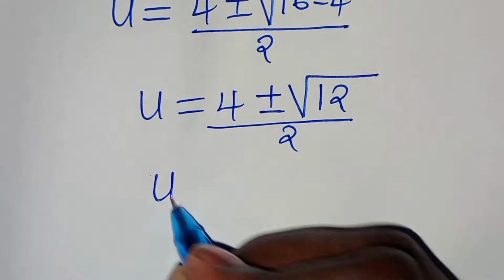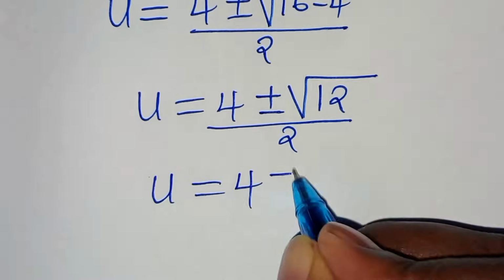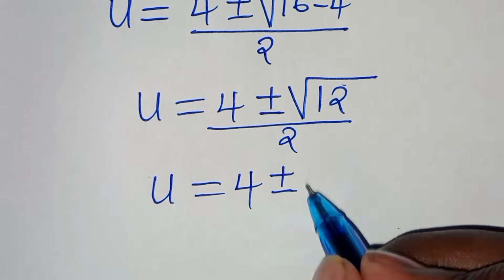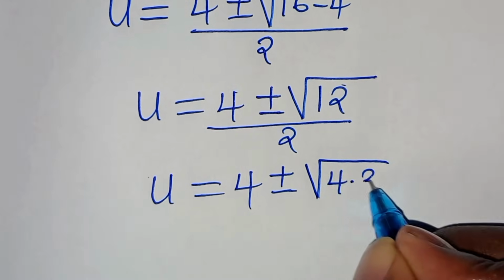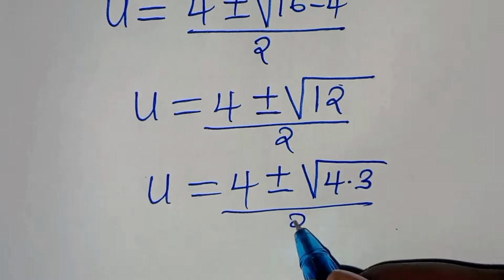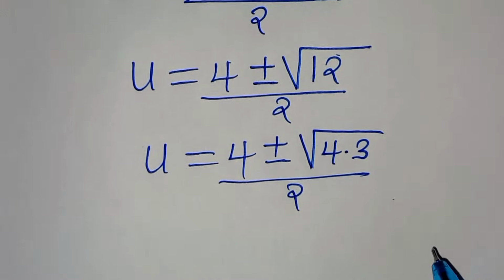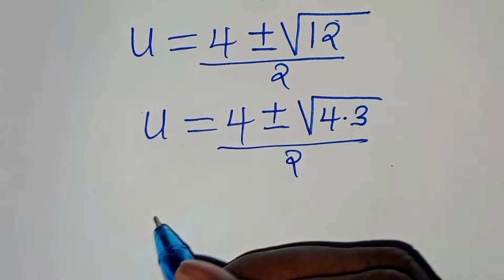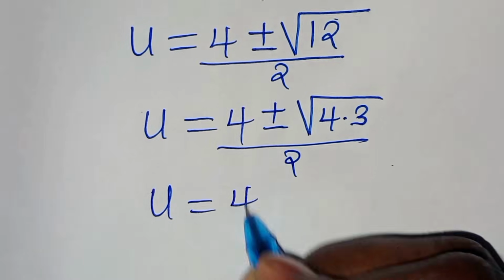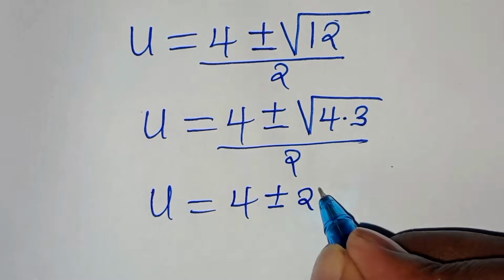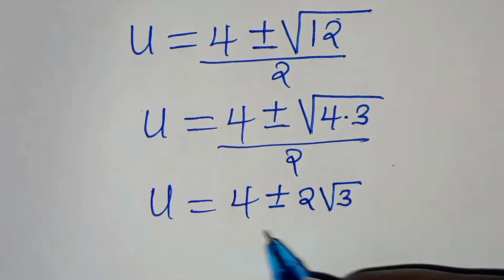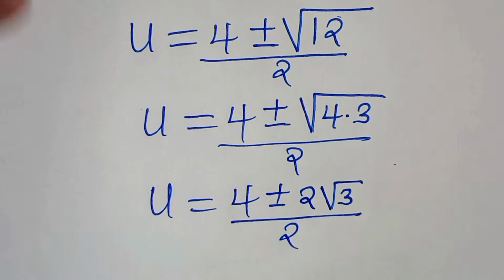Now we have that u is equal to 4 plus or minus. We can express the square root of 12 as the square root of 4 multiplied by 3, divided by 2. Now u is equal to 4 plus or minus the square root of 4, this is 2 square root of 3, divided by 2.